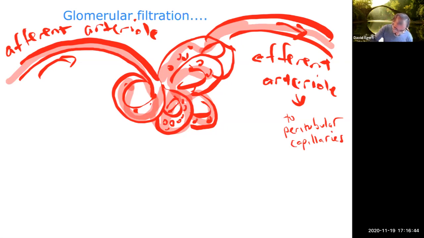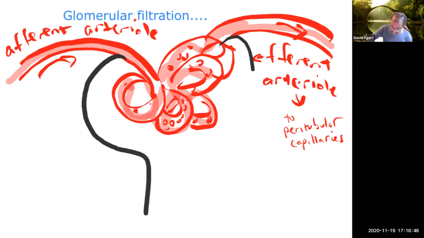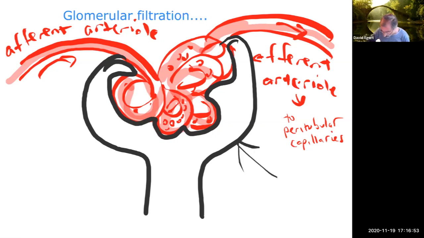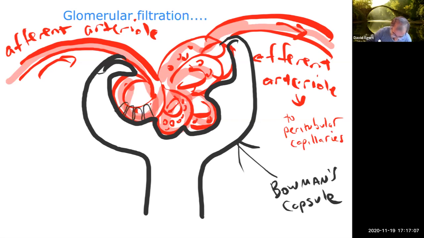And again, like I said, the tubule starts here, like a baseball mitt grabbing a ball. We call this the Bowman's capsule. The cells of the Bowman's capsule grab around the capillaries to help create what we call a filtration membrane.